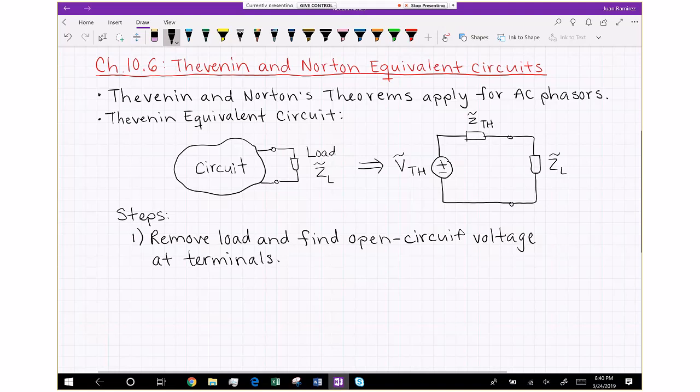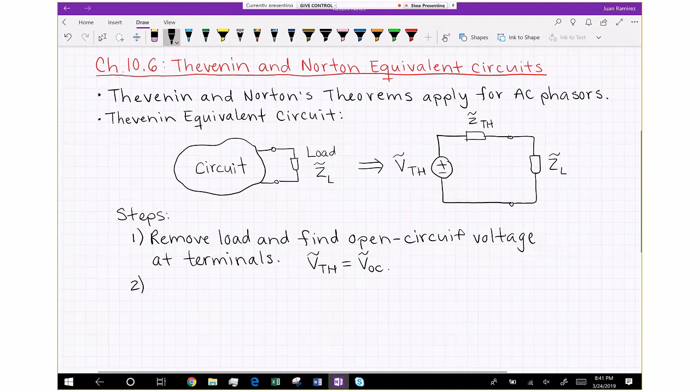To find the Thevenin voltage, we find the open circuit voltage at the load terminals with the load disconnected. So you take off the load and just leave those terminals open, and you find the voltage across those terminals. That's your Thevenin voltage.